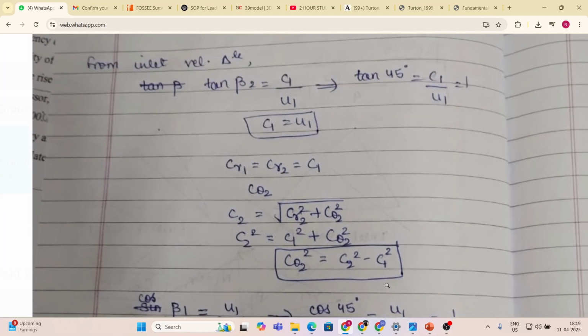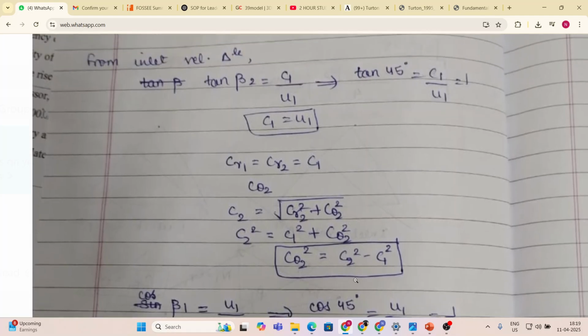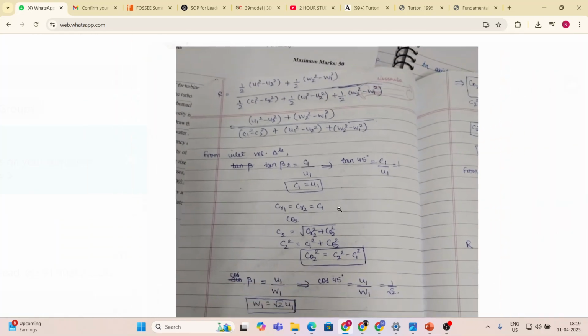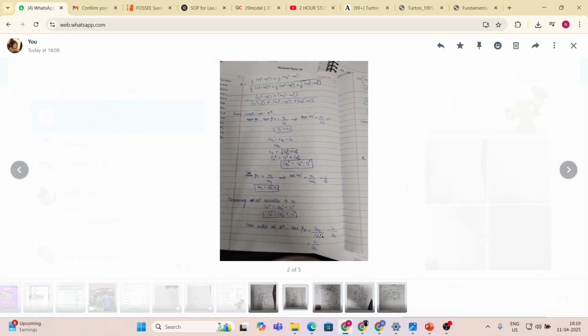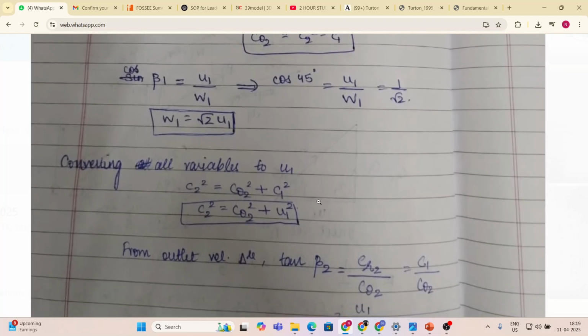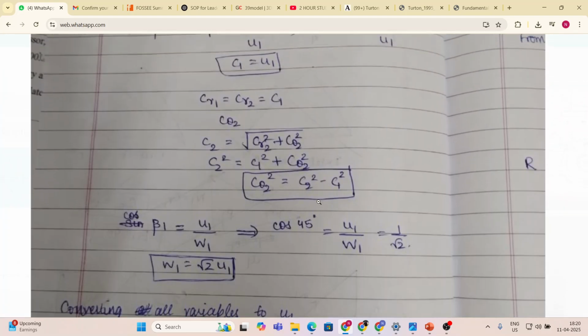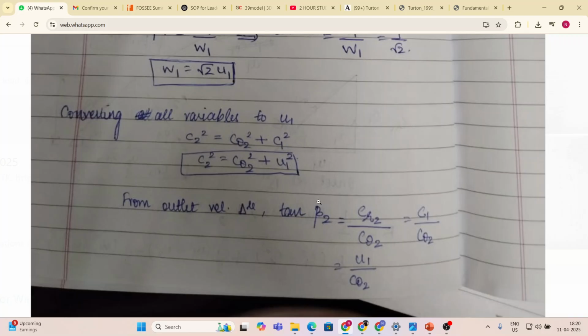Next, for beta 1, cos 45 is 1 by root 2, which is equal to U1 by W1, so W1 is equal to root 2 times U1. Now all the inlet velocities are converted into variables of U1.